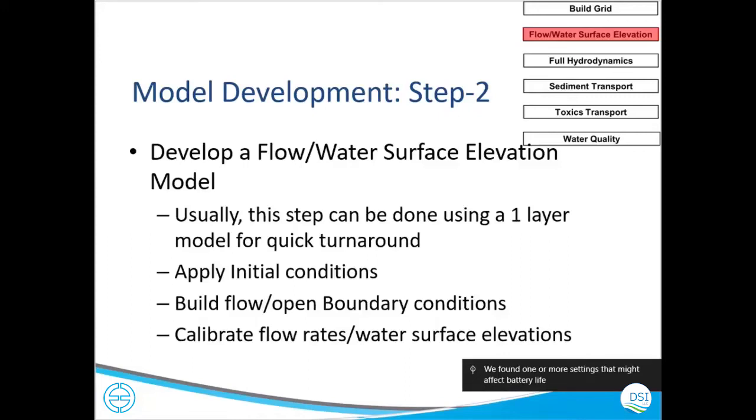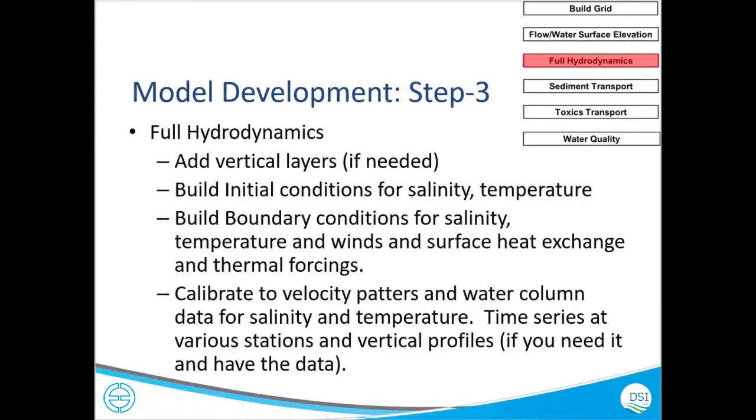Applying initial condition, flow and boundary condition, and then you can calibrate your flows. Now you have done your first two parts right, then it's time to use full hydrodynamics in the model. Then you can introduce number of vertical layers, salinity and temperature, and when you introduce those new parameters, you need to also provide the boundary conditions for the temperature and salinity.